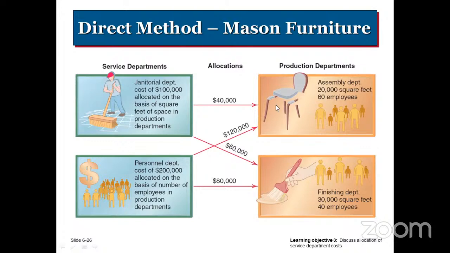So in total, the assembly department receives 160,000, 40 plus 120, from janitorial and the personnel department, whereas the finishing department receives 140,000. This is the easy way of working out the overhead allocation rate. It is easy to understand and easy to apply, but there is always a big problem when you use this method.